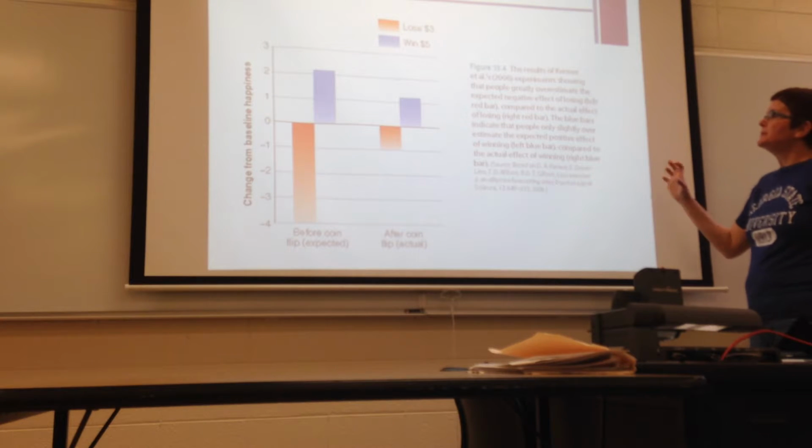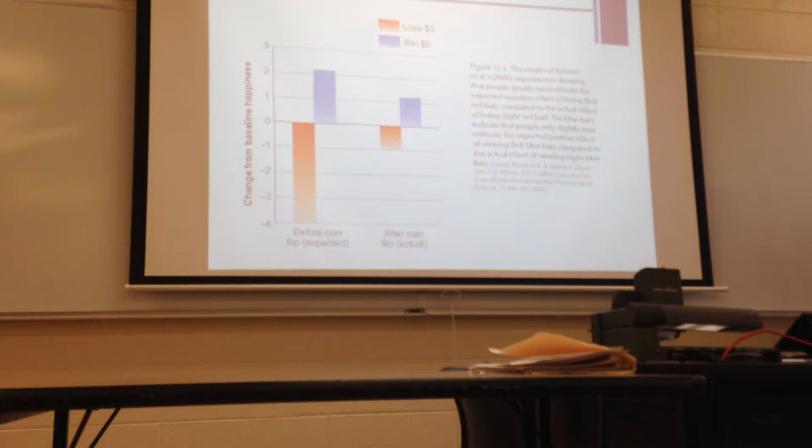So people are not good, even though they consider their expected emotion when making decisions. People actually overestimate how bad bad feelings will be, and they overestimate how good good feelings will be.